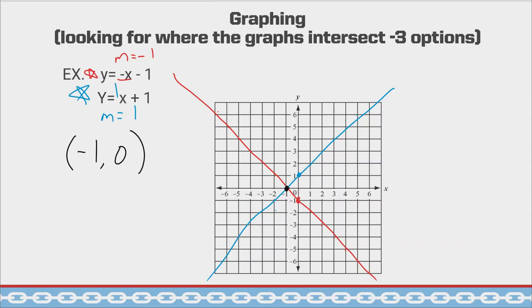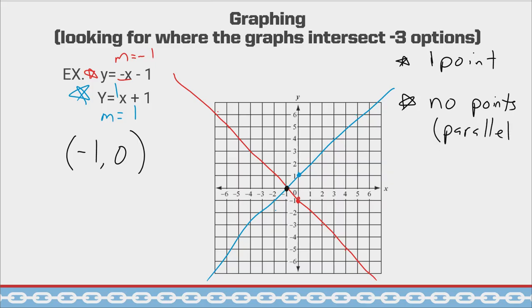Look for where the graphs intersect. There are three options, right? This would be one of the options, where you get one point of intersection. The other option would be no points of intersection. The two lines are parallel, so they never intersect, no solution.